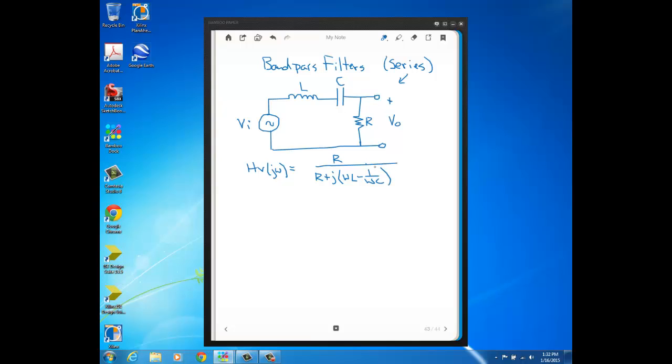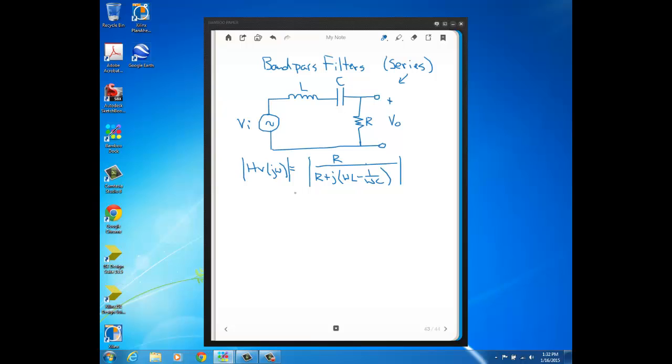So this is our frequency response equation, and in this class we're interested primarily in the magnitude of this frequency response equation. So we're going to look at the magnitude of this.